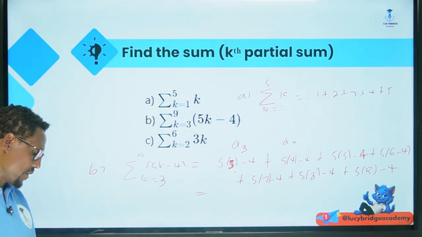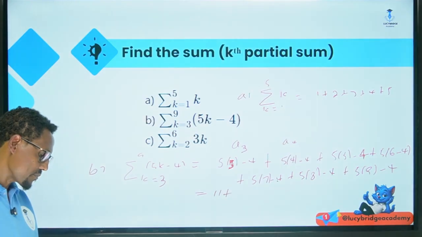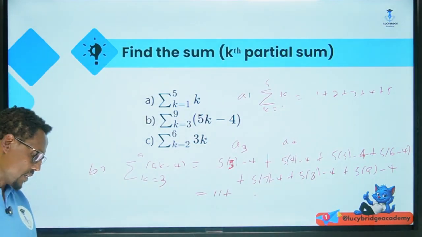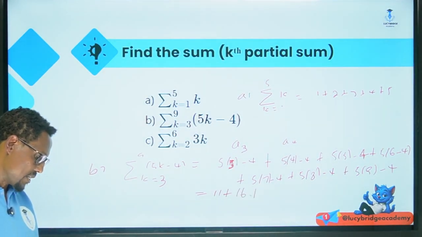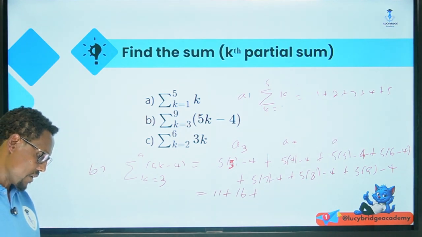So the first term 5 times 3, 15 minus 4 is 11, plus 5 times 4, 20 minus 4 is 16, plus this is A4, A5, this is A6.